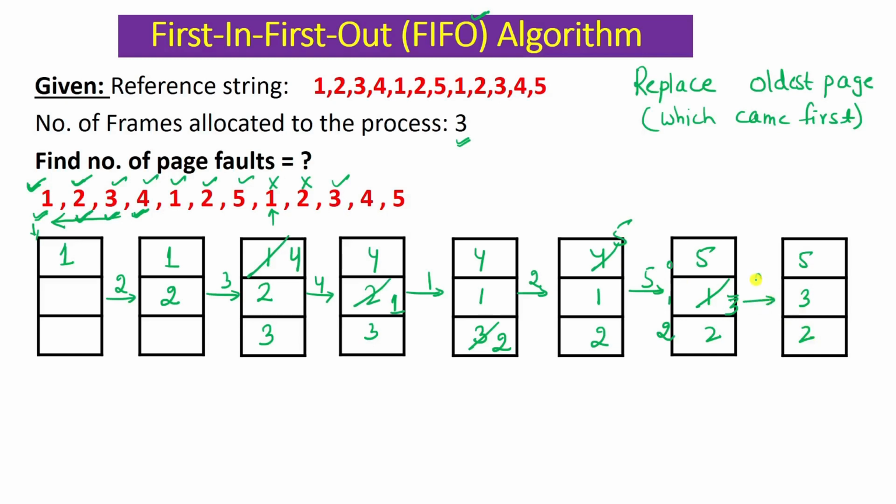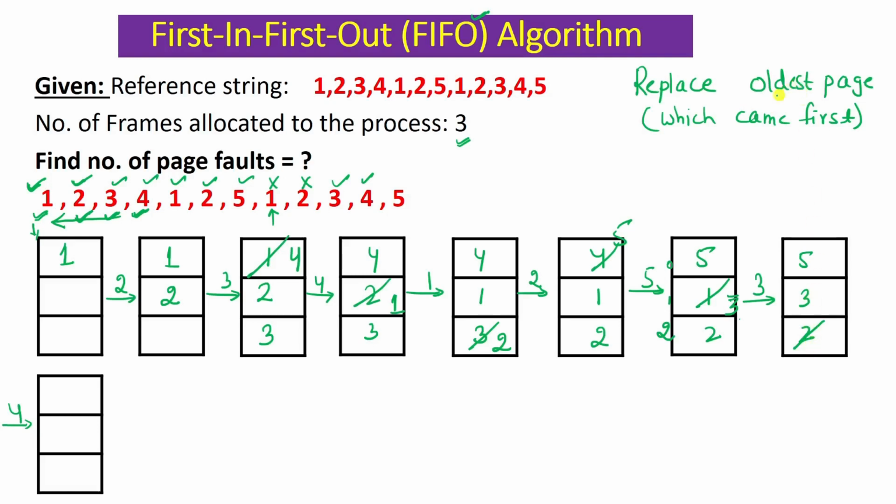Now 4 is not here, so it will generate a page fault. 4 is asked. Which should be selected as a victim page? This should be selected because out of 5, 3, 2, this is the oldest. 5 was referenced, 3 was referenced just now, 2 is the oldest page.